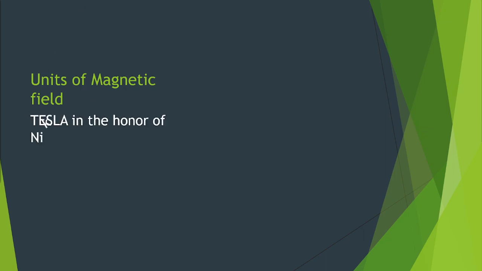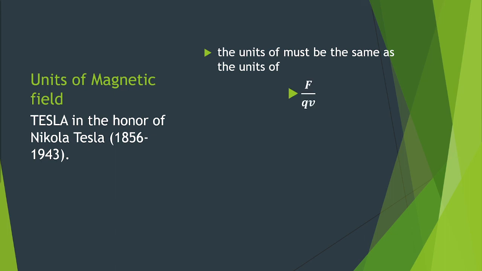We now introduce the units of magnetic field. The unit used to quantify magnetic field is called Tesla, in honor of Nikola Tesla, 1856 to 1943. The unit must be the same as the units of F over Q V, therefore, the SI unit for B is 1 Newton times seconds over coulombs times meters.